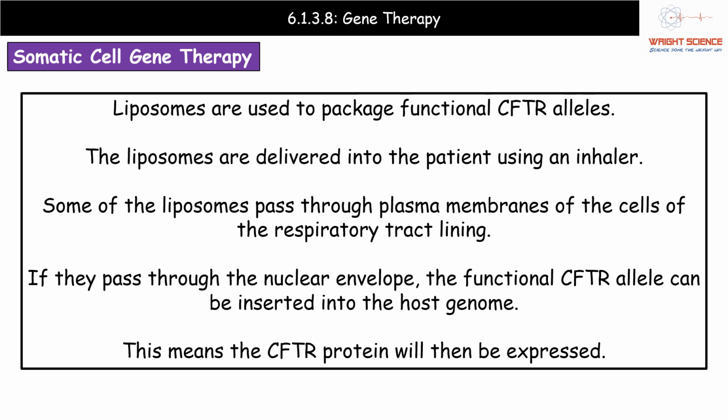The idea being that some of those liposomes are going to pass through the plasma membranes of those cells lining our respiratory tract, and if they continue to pass through the nuclear envelope, that's where we can insert the CFTR allele into the host's genome. As soon as we've got it inserted, that can then be expressed, and we will then produce that CFTR protein, which can then be implanted into the plasma membrane of those cells.